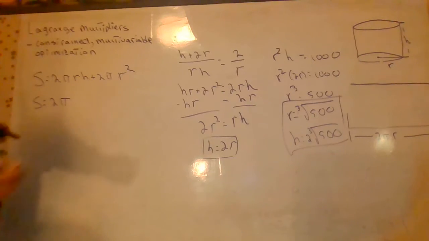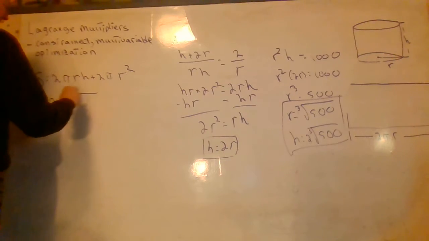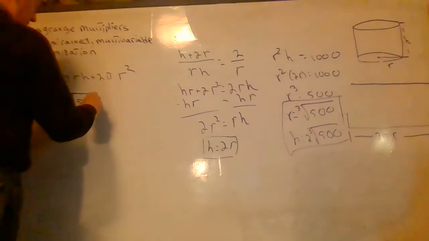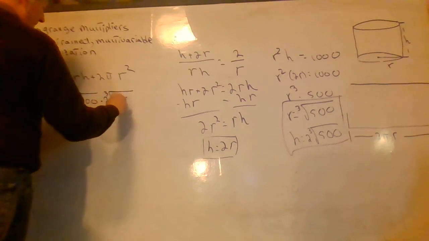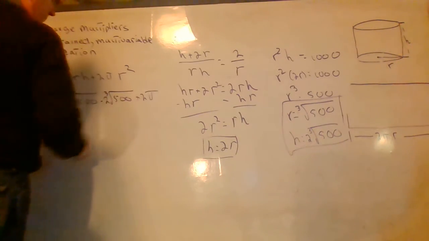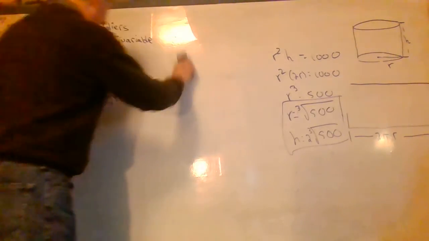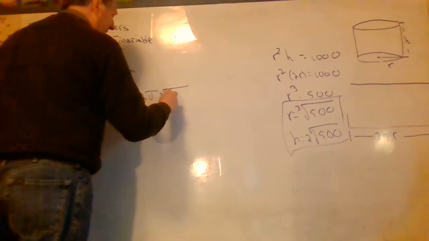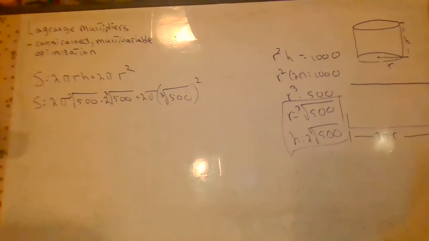If you want to know how much sheet metal we need, 2 pi times r, which is equal to the cube root of 500, and h, which is equal to 2 times the cube root of 500, plus 2 pi, and we're right here in the formula, and r squared, r is equal to the cube root of 500, squared. And we can simplify that, I suppose.